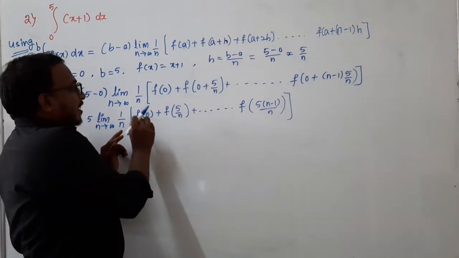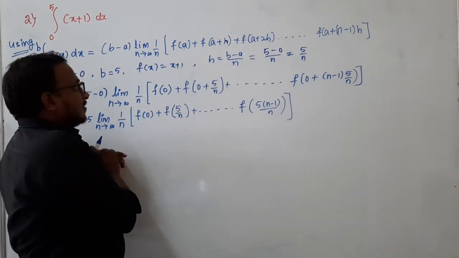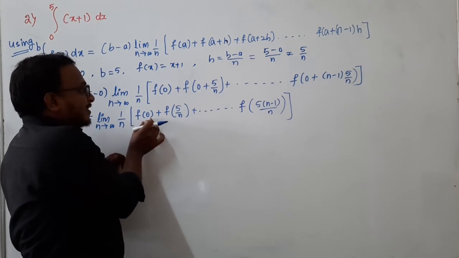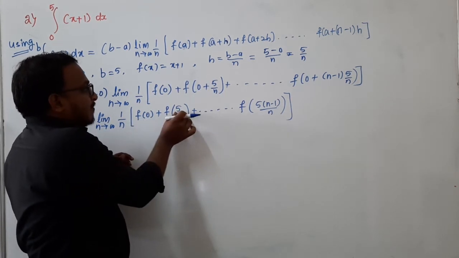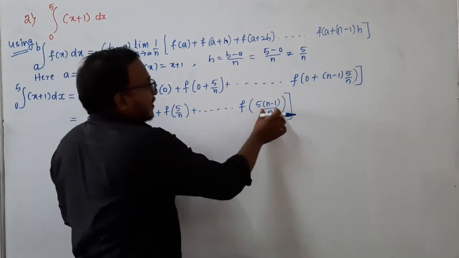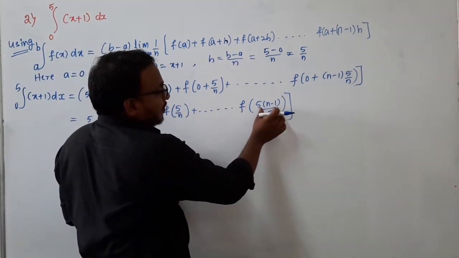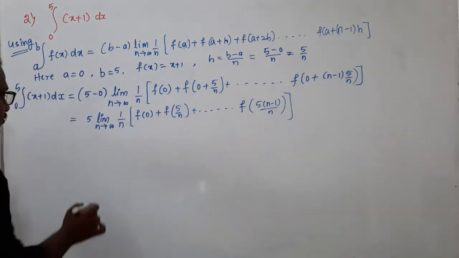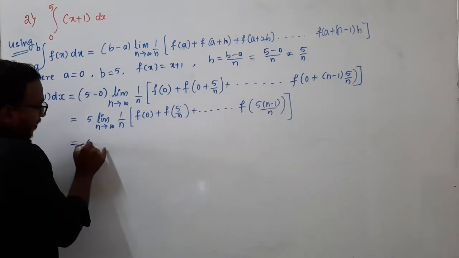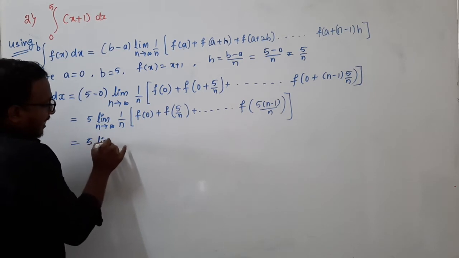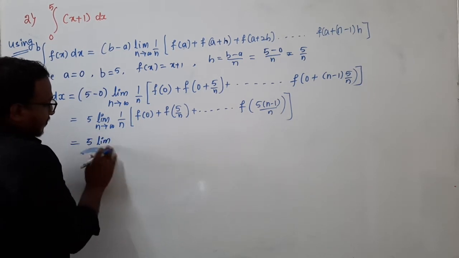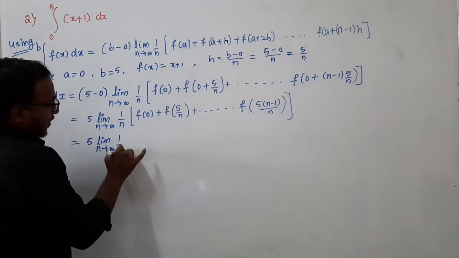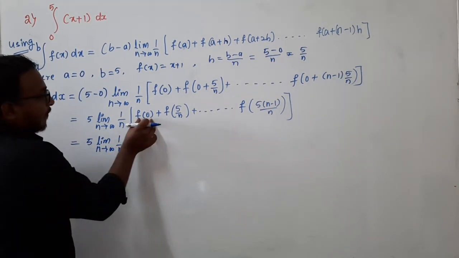Now we have to work out f of x. f of x means x plus 1. In place of x we have to substitute 0, then 5 by n, and so on up to 5 into n minus 1 by n. Now substitute these values. It becomes 5 into limit n tends to infinity, 1 by n, f of 0.